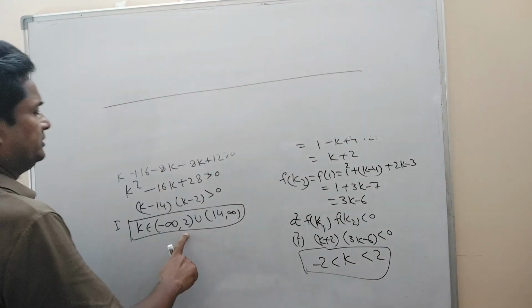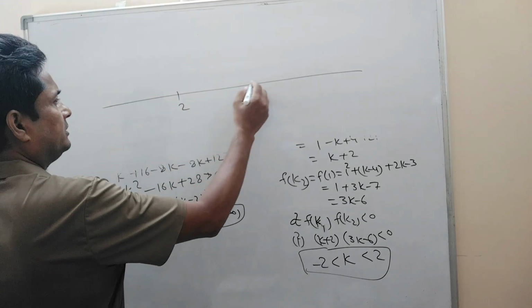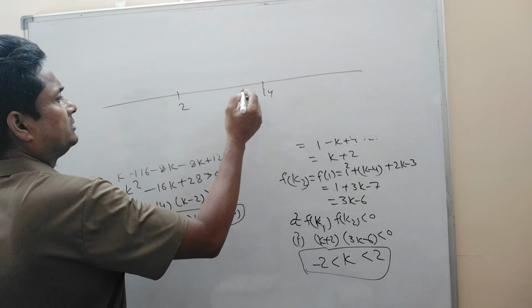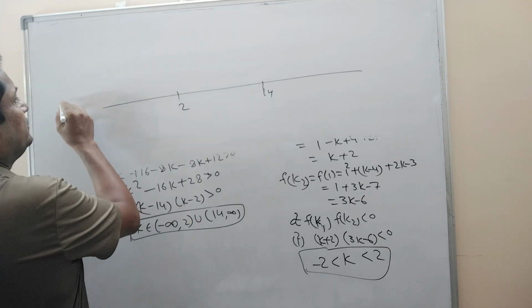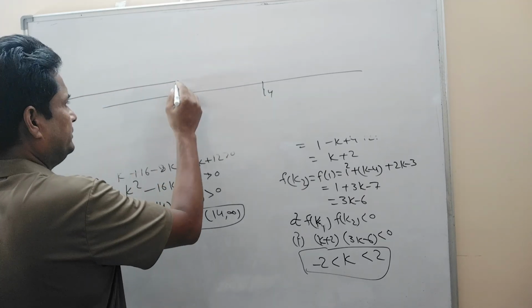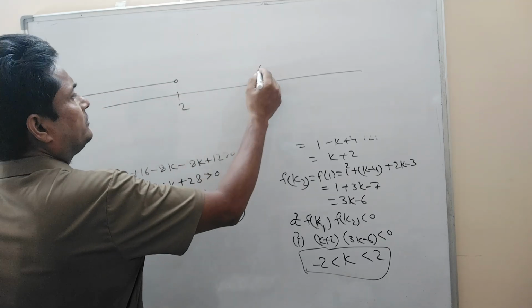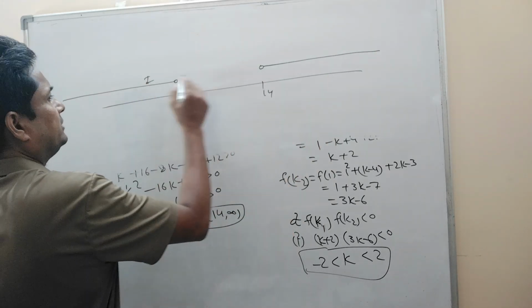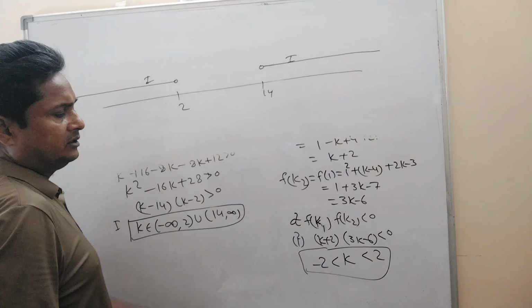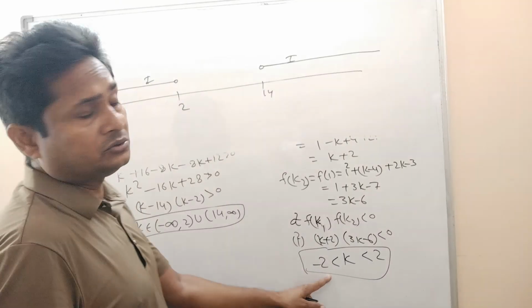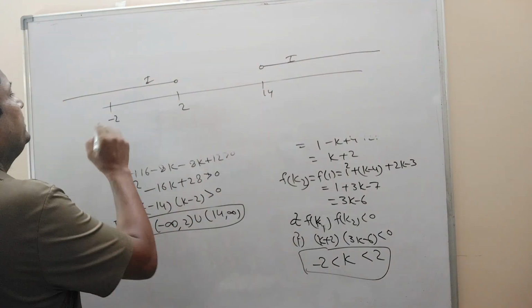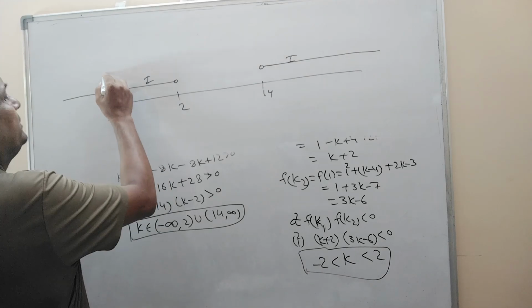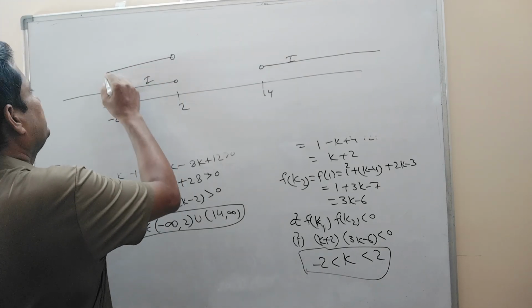This is the first answer: this is 2 and this is 14, so this is minus infinity to 2 and 14 to infinity. Now the second answer is minus 2 to 2. Minus 2 will be here and 2 is this one.